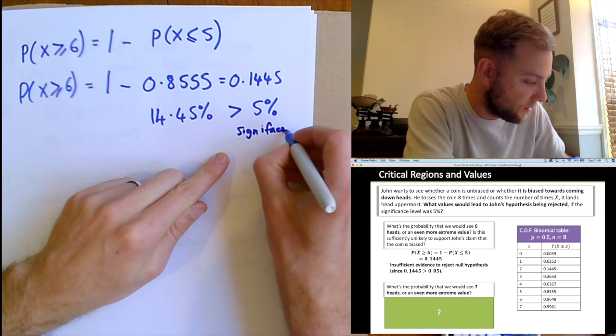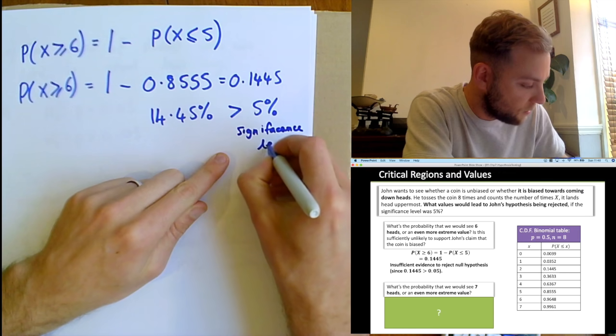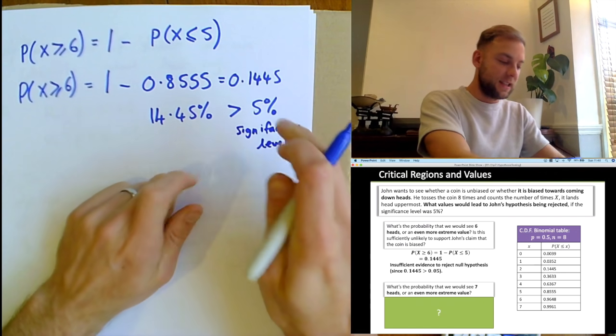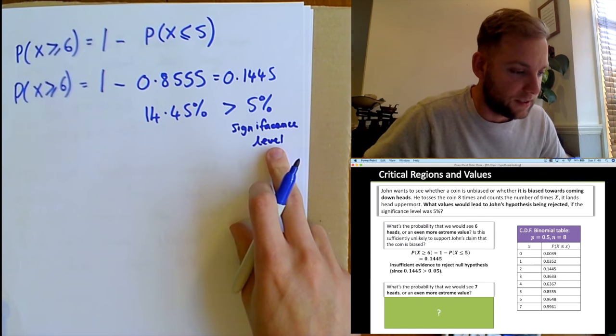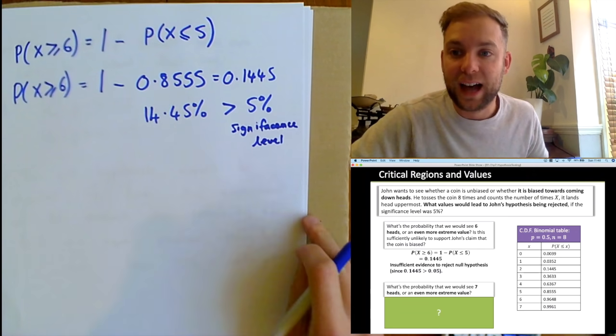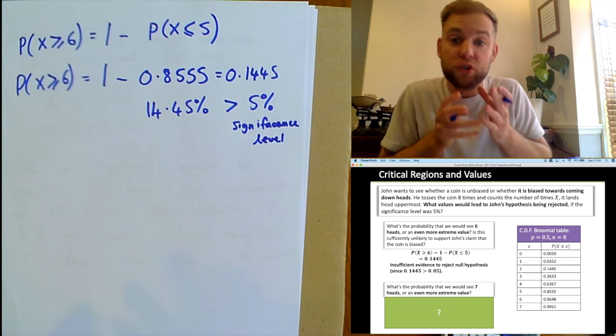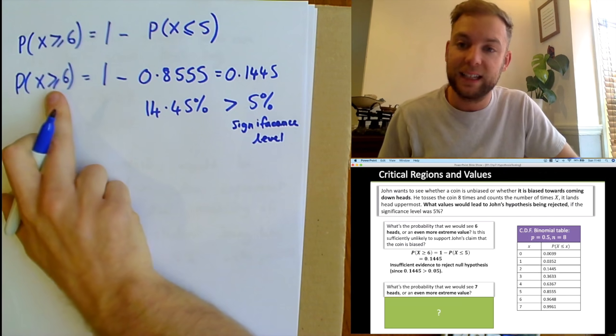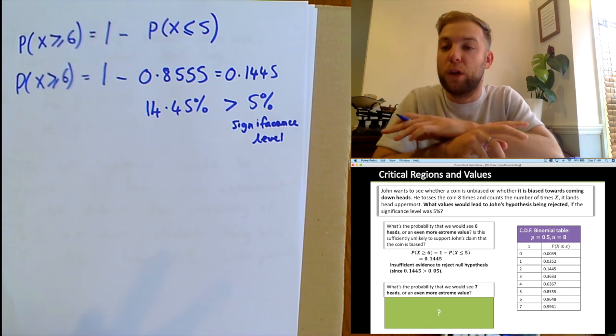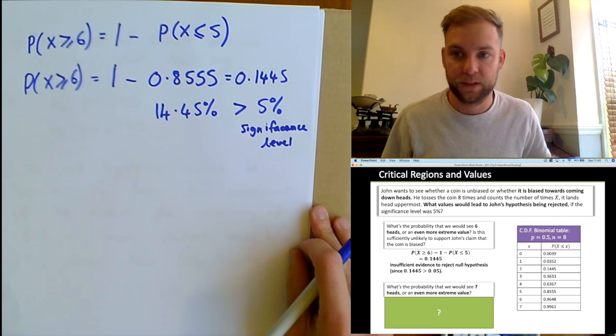So 14.45% is greater than the 5% significance level, which means that it doesn't support his claim at the moment. So if he was to do the experiment and he got 6 heads, then we can't say that the coin is biased, okay?